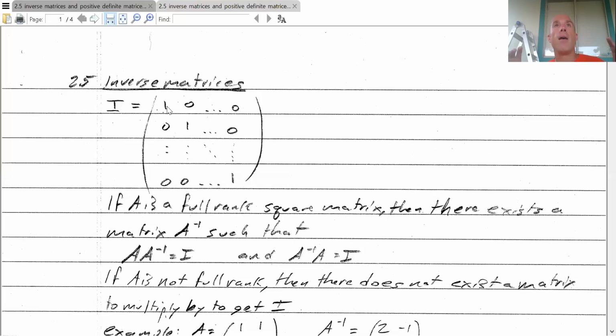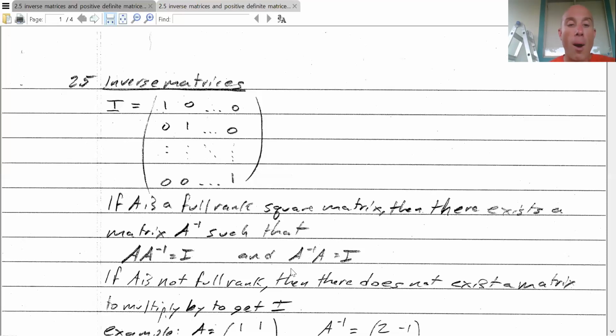A lot of matrices don't have an inverse. If A is full rank and square, then there exists another matrix such that if I multiply the two together, I get the identity matrix. And it doesn't matter if I multiply on the left or on the right. I get the identity either way.